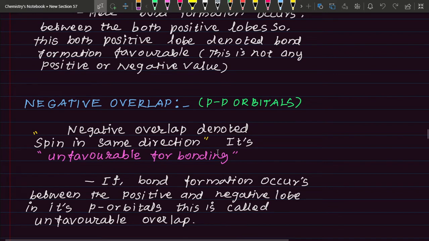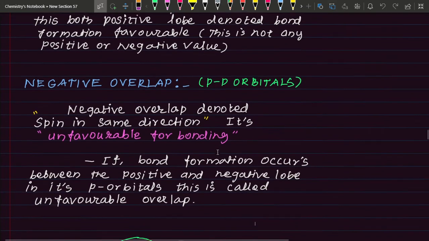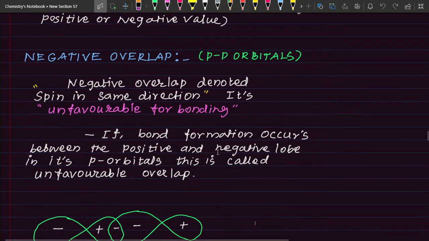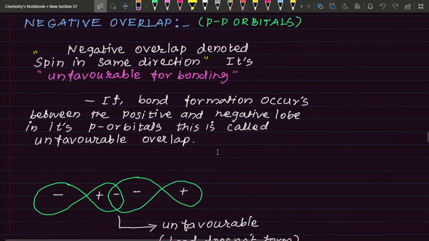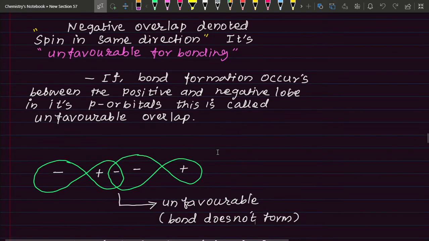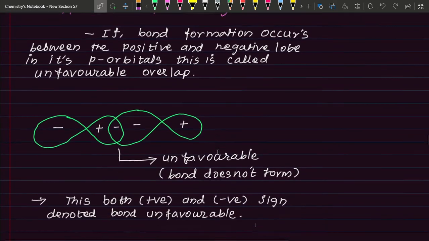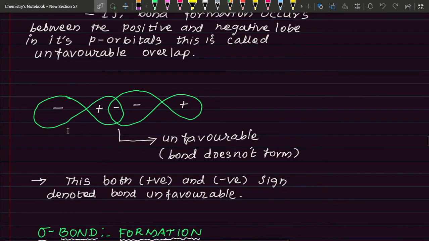If bond formation occurs between the positive and negative lobe, it is called unfavorable overlap. Sorry, this is not a minus sign, I wrote it mistakenly.